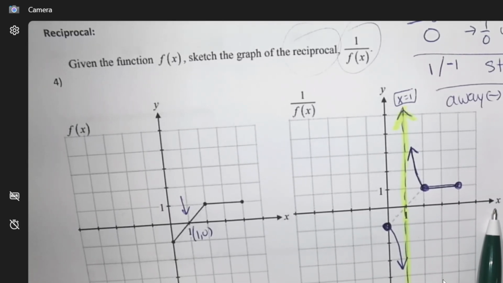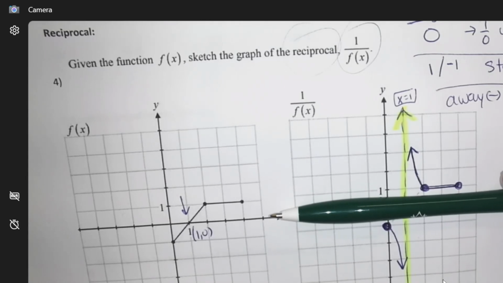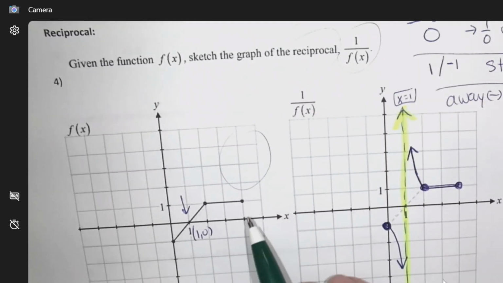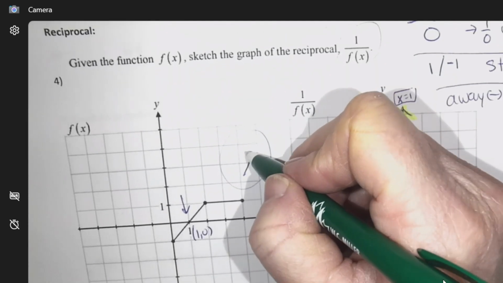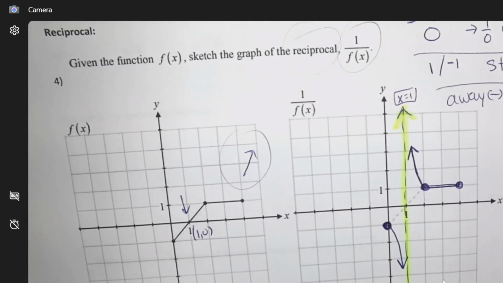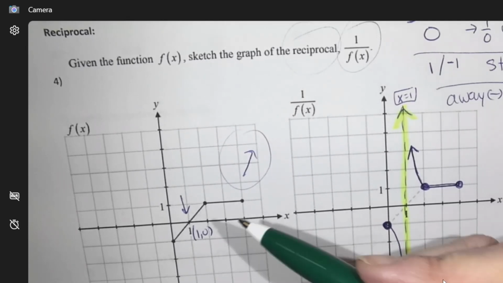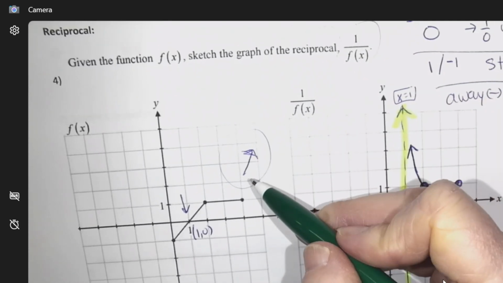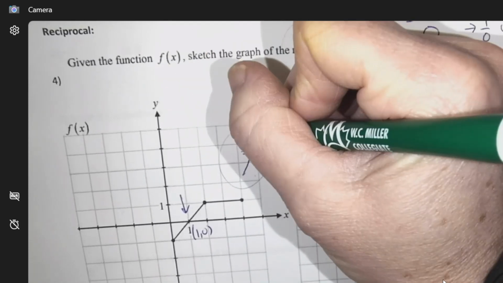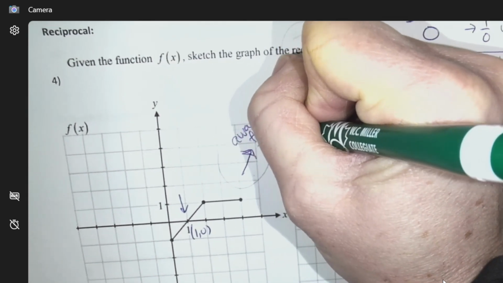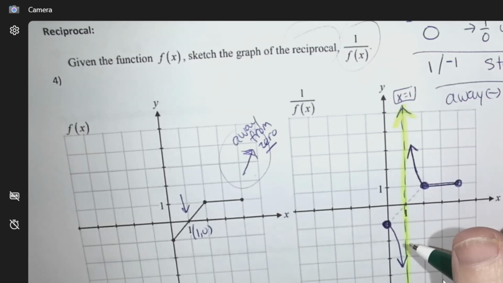What would the case be where I would have to add a horizontal asymptote? If your original graph had an arrow like that, that would add a horizontal asymptote. Because if your original graph is doing this, it would be heading away from 0 forever.